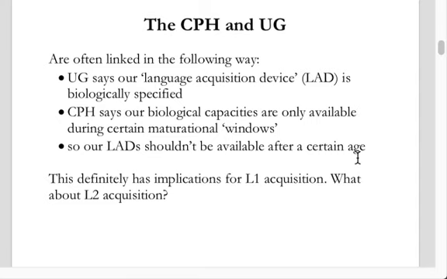Chomsky has never written a word about second language acquisition and has made no predictions one way or the other about how it ought to work. So if you're basing your idea of a critical period on that Chomskyan UG theory, then it almost by definition makes no predictions about second language acquisition. That said, we'll see what people have made out of this in a variety of different ways in the next section of the class.